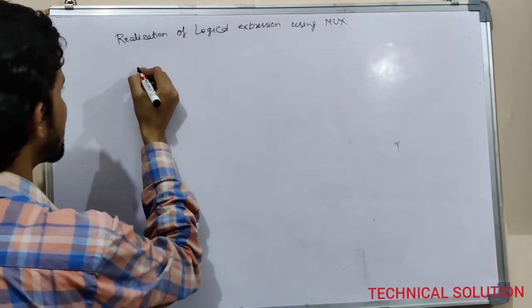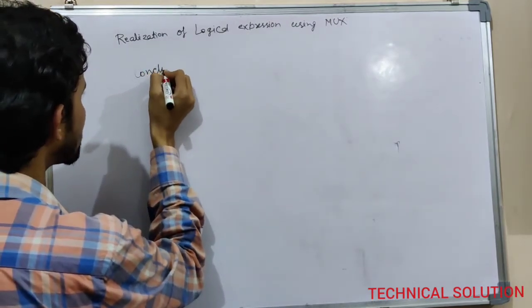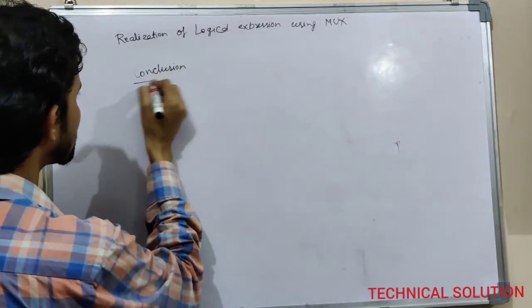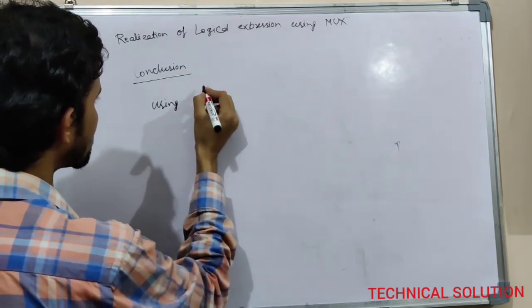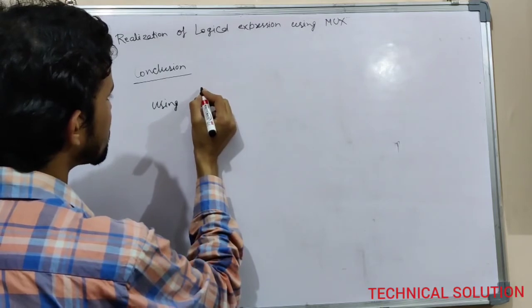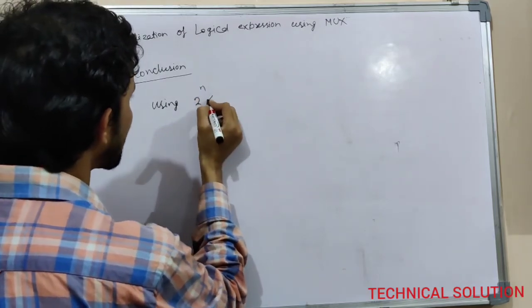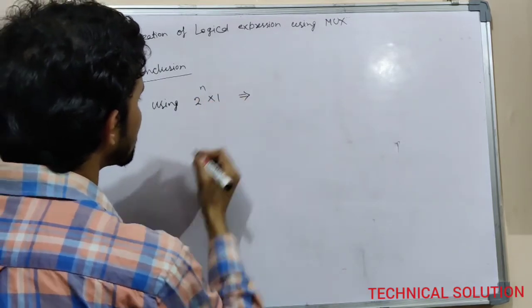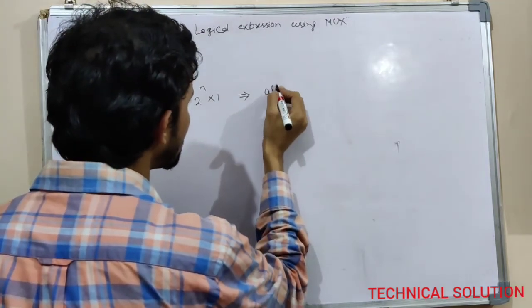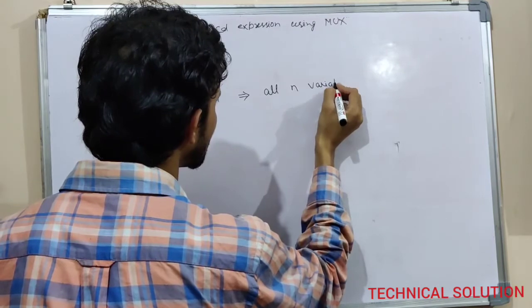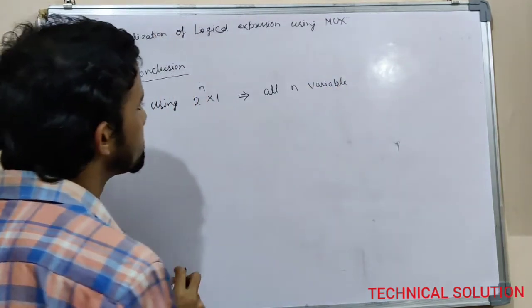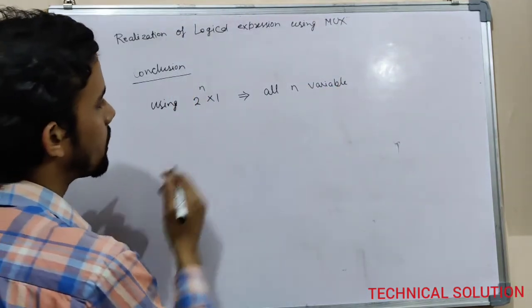We can also generalize this conclusion. Using a 2 to the power n by 1 mux, we can realize all n variable functions.